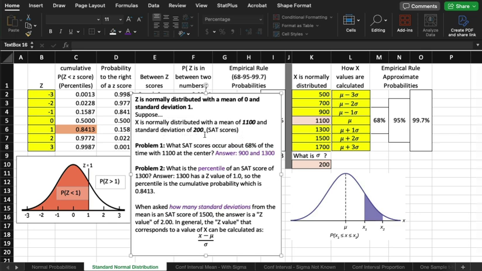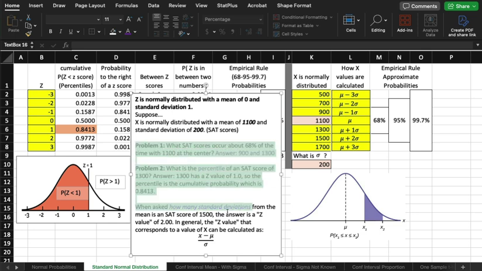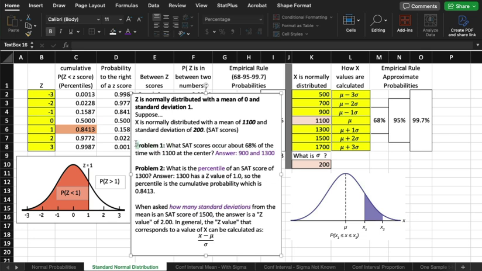So these are SAT scores. Before we get into answering these problems, let's not answer the problems just yet. Let's just get our values of x that correspond to these values of z. Let's get them into our spreadsheet here.